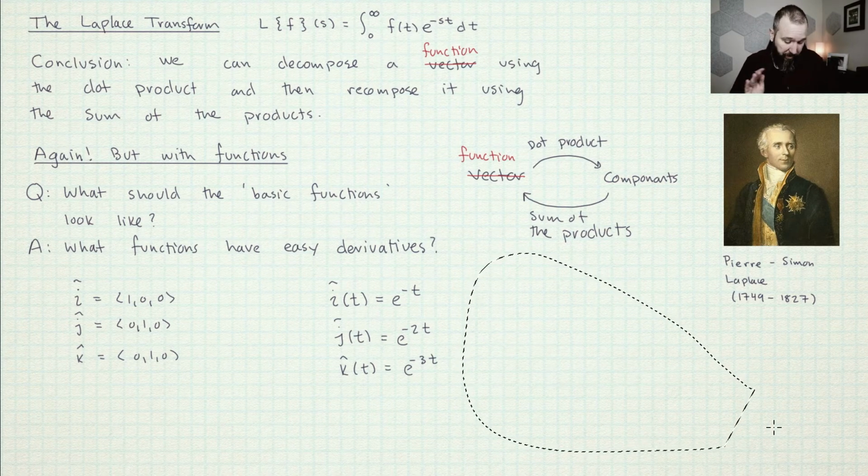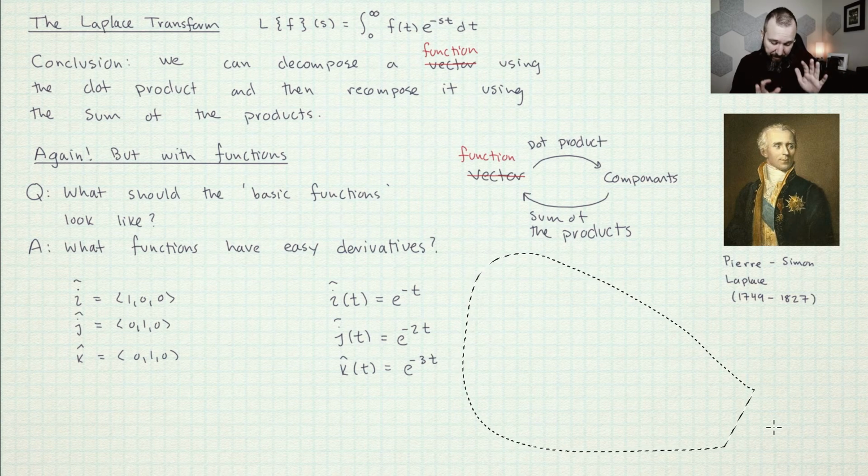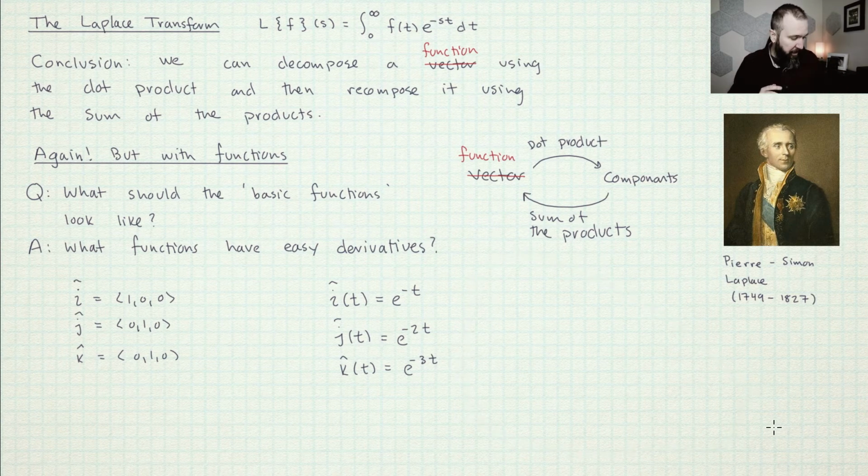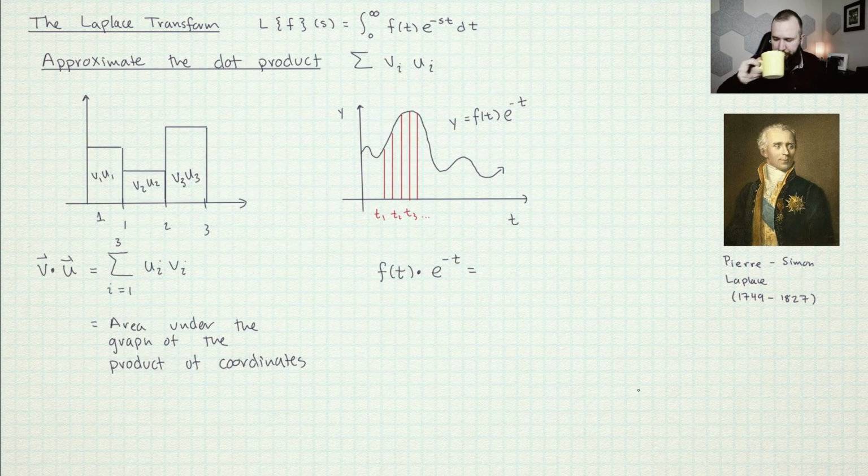We've come up with our class of very basic functions, the function version of i, j, and k. So how do we calculate the dot product of two functions? Well, let's just take whatever the definition of the dot product of two vectors was, Control-C, Control-V, copy and paste that into the definition of dot products for functions.